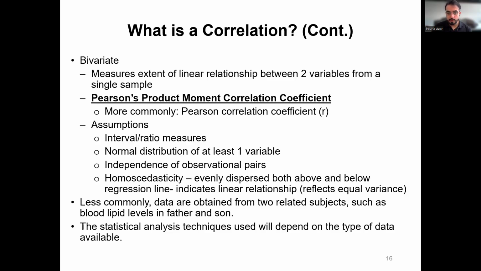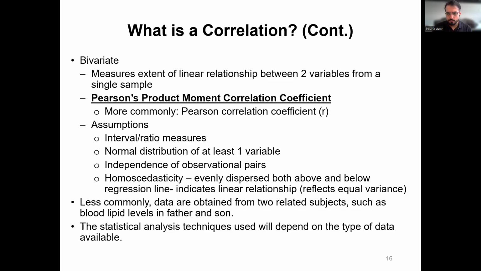That should be a ratio or interval measure. And other variables can also be continuous, not just biometric data. Second, normal distribution of at least one variable. So one of the variables we are measuring the relationship between should be normally distributed. Third, independence of observational pairs. So variable A should be independent from variable B.